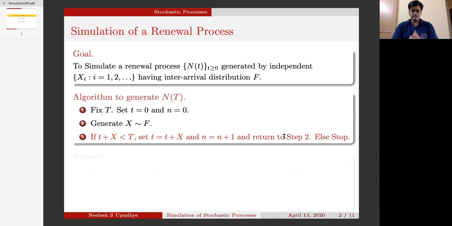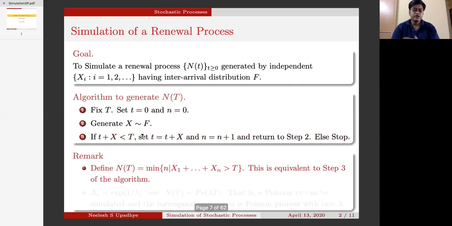Now, let us understand this thing. The last step in this process can be written in a different manner. In particular, capital N_T is the minimum over n such that X1 plus X2 plus ... plus Xn is greater than T. If you use this definition, then you just have to simulate capital N_T such that this condition is satisfied.